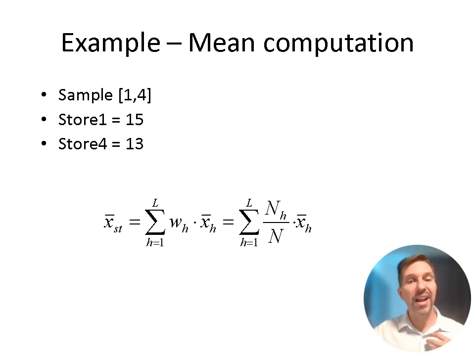So when we're computing an average and we're drawing from these different strata, in this case large stores versus small stores, we need to acknowledge the fact that there are more large stores than there are small stores. So we need to weigh the larger strata disproportionately heavier to make sure that whatever average or guess we come up with is as close as possible to the true value in the population. Okay, so instead of using a simple average, which I know is what you're used to, we're going to use a weighted average.